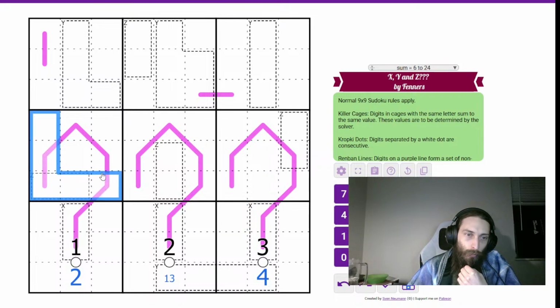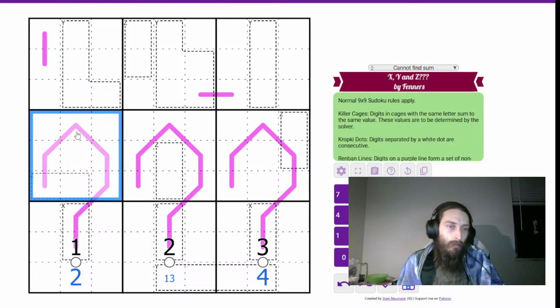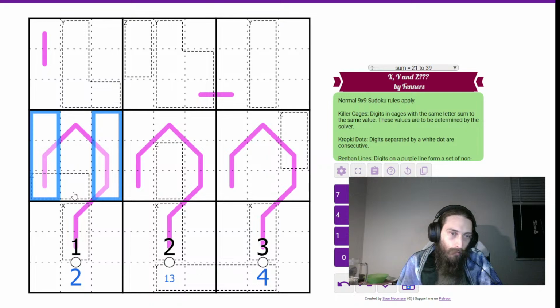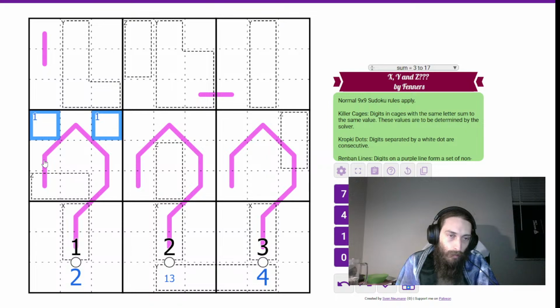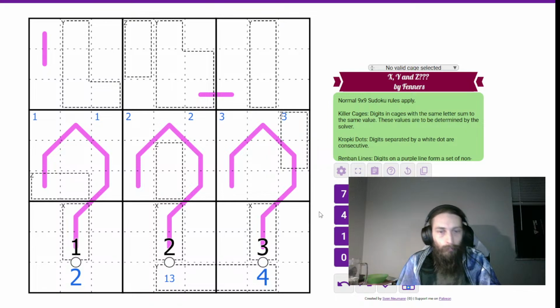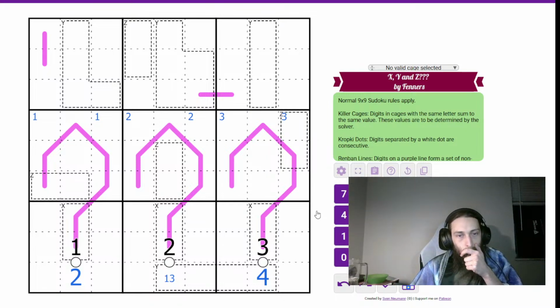Although, where is 1 in this box? Well, it's not here because of Sudoku, and it's not here because of the Renban line rule. Right. That is going to be the same for 2 and the same for 3.